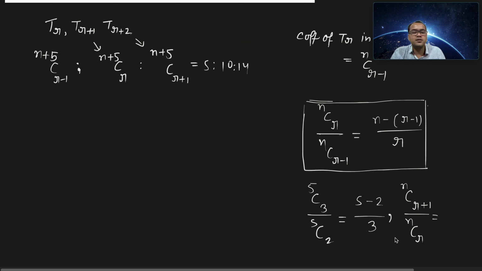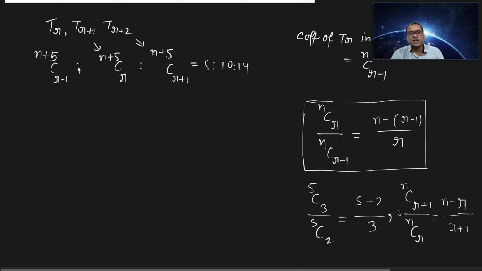What should you write? Here also, see the suffixes r+1 and r. The gap is 1, the difference is 1. So the bigger one will come in the denominator, which is r+1, and the numerator would be n minus the lower suffix, which is r: n - r.